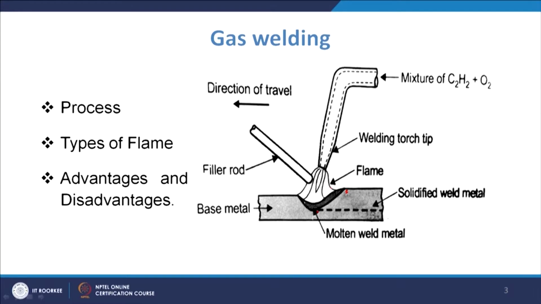So, you will have the formation of a heat affected zone in such cases, and that is one cause of concern. But that is unavoidable because you have to use the flame. It cannot be at a point, so it has to engulf a certain area, and that region will certainly be subjected to certain microstructural changes.